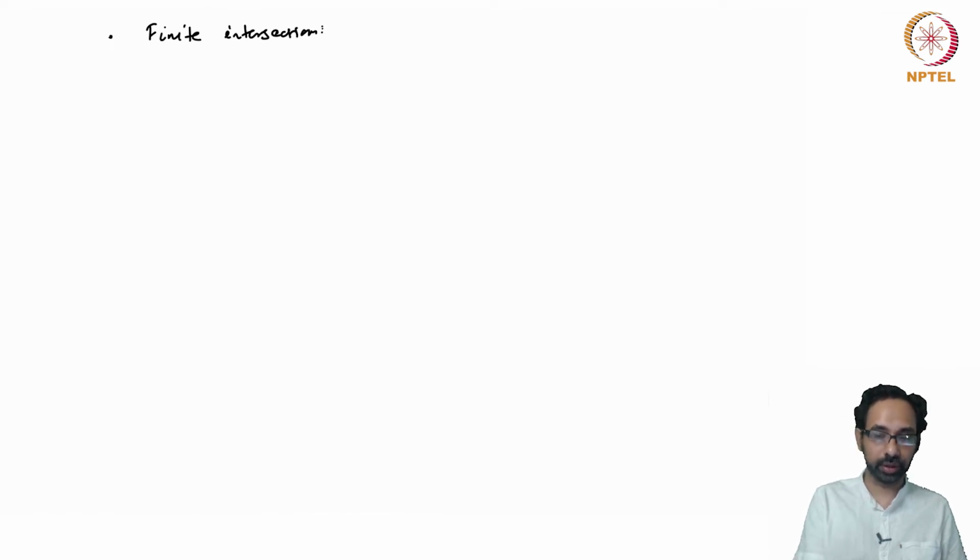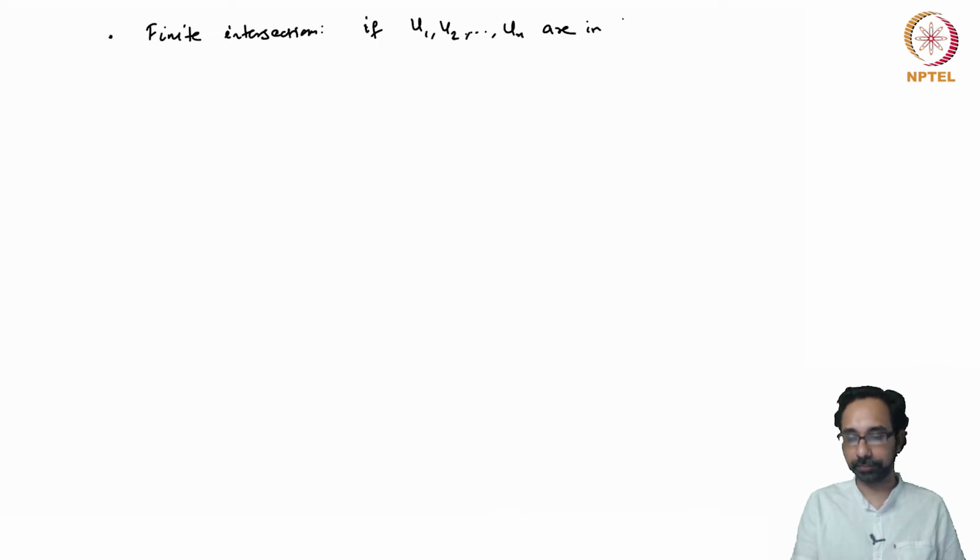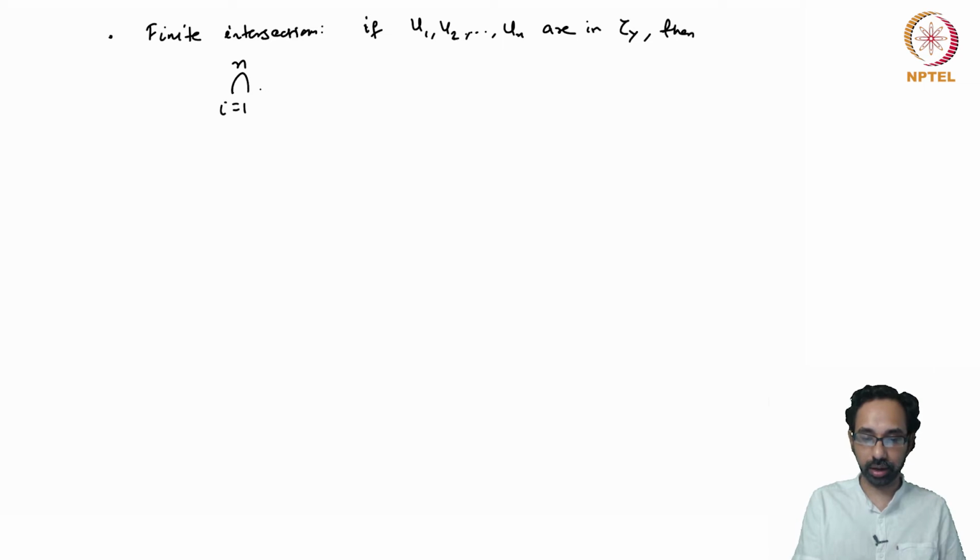And similarly, one can do the finite intersection property. So if u1, u2, ..., un are in tau Y, then the intersection over i equal to 1 to n of ui should be in tau Y. So we want to show that this is in tau Y. Why is this so?